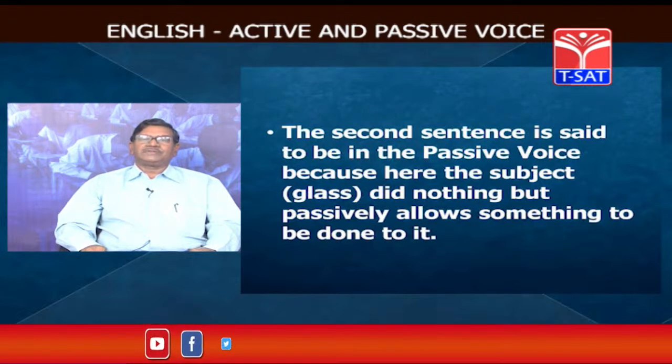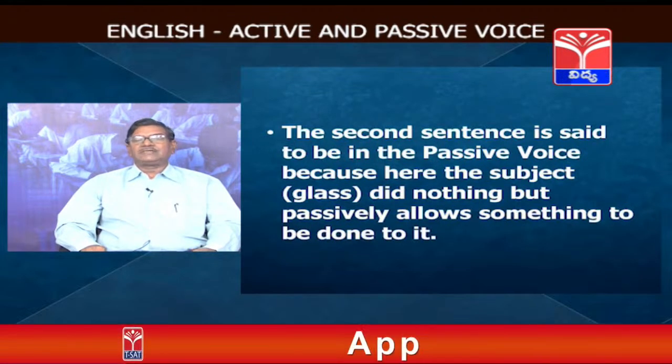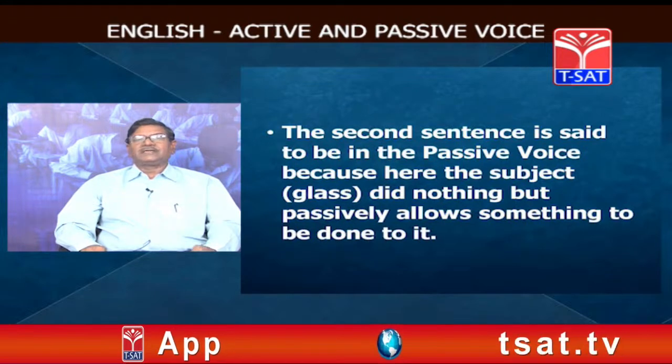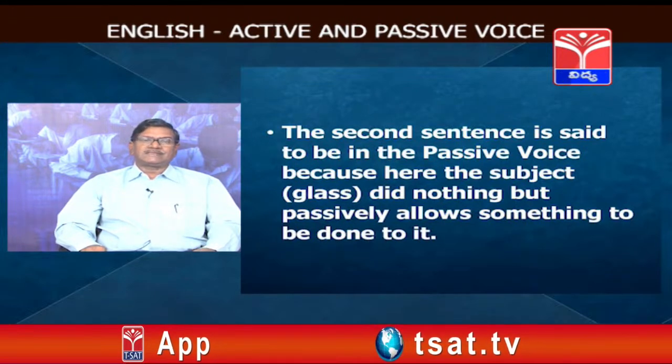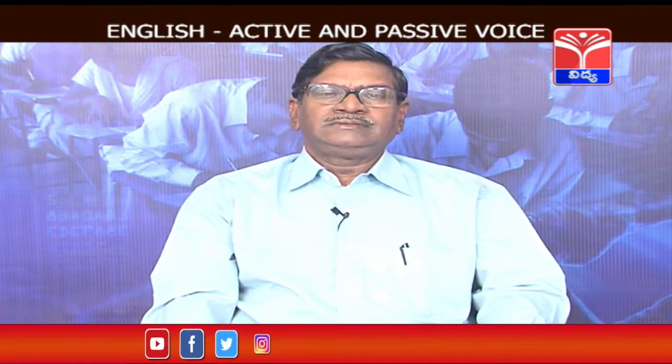Something has happened to it. It passively allows something to be done to it. That is why it is said to be in passive voice. So, by this we can notice some differences between the active voice and passive voice.